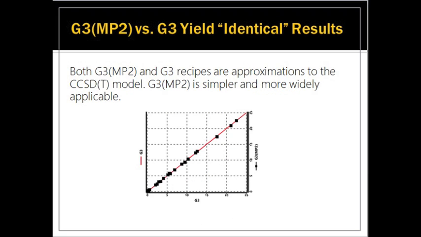Because these are small molecules, I want to verify that G3MP2 is, in fact, nearly as good as G3. And these are both approximations to that. So here's the easier approximation, here's the harder approximation. And if I plot one against the other, they're perfect. I haven't plotted this one, I should have shown that slide.